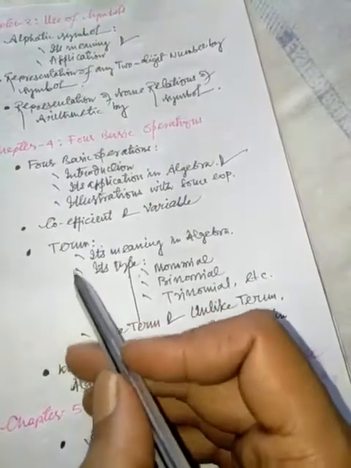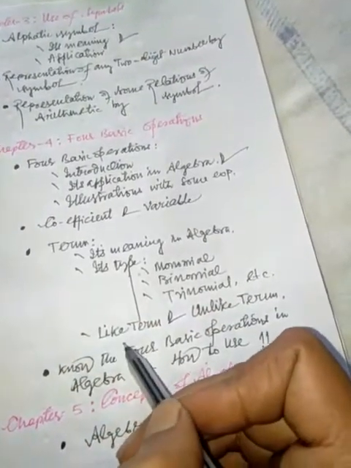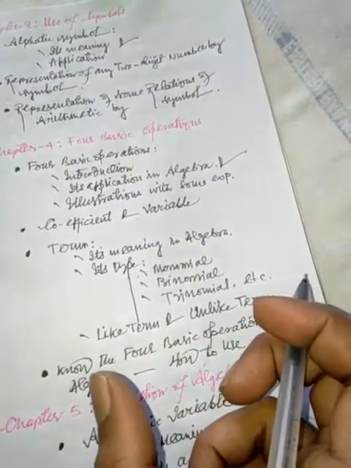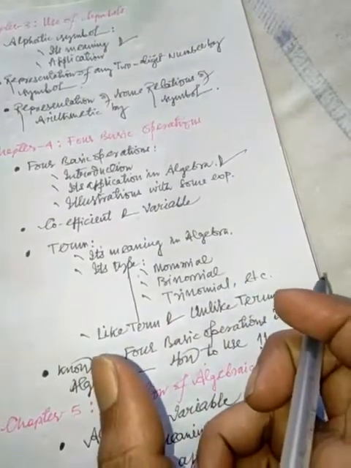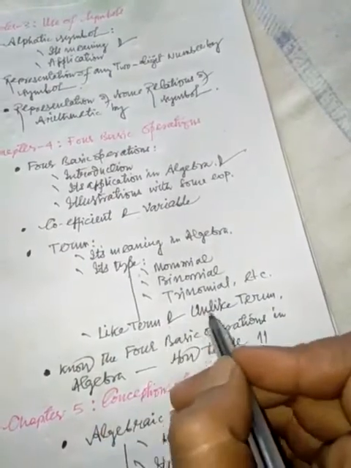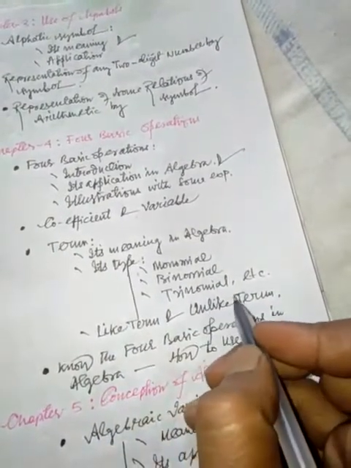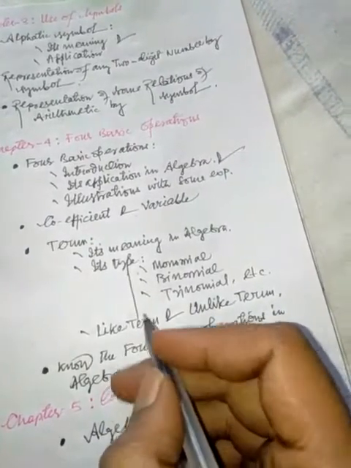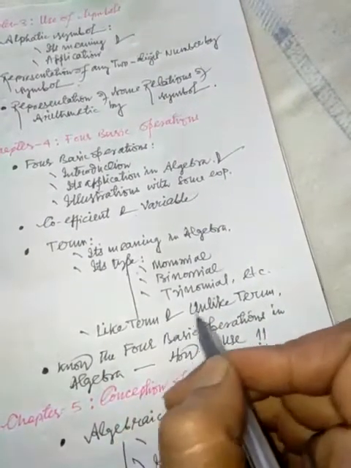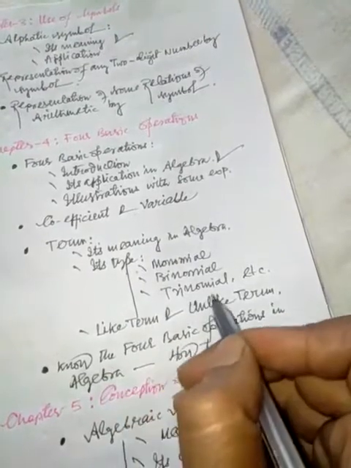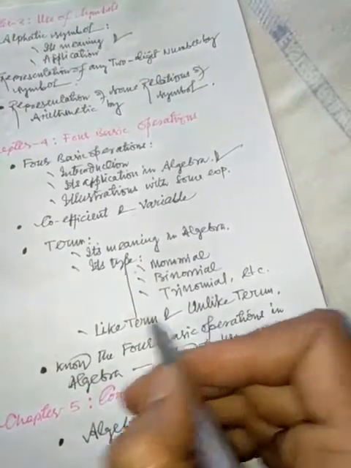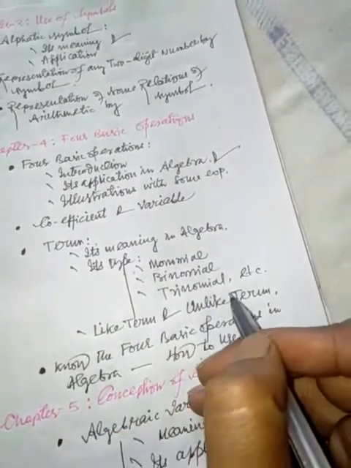Now under this topic there are 2 different types of terms, like term and unlike term. We will learn what a like term is and what an unlike term is, and what the main difference is between these 2 terms.